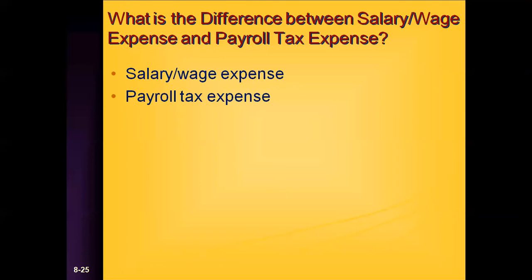These are what are called payroll tax expenses, and typically they are specifically FICA and unemployment taxes. So here again, please understand the definitions of these types of expenses and how the expenses are incurred.